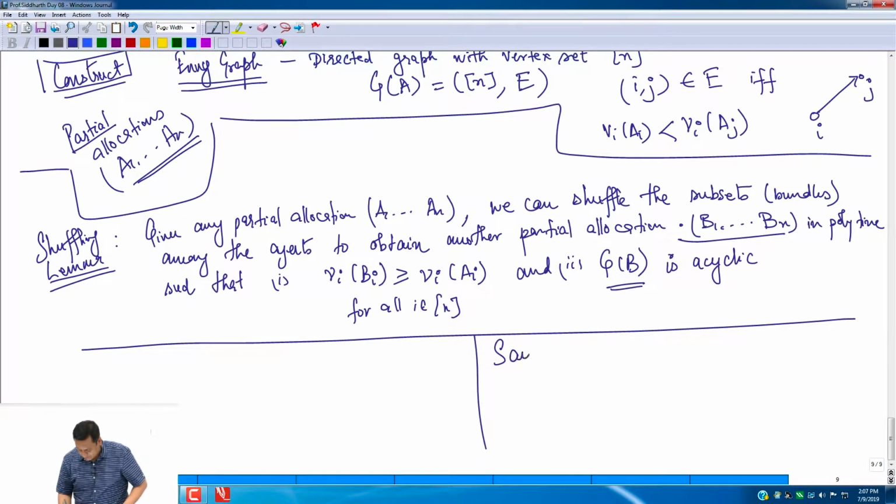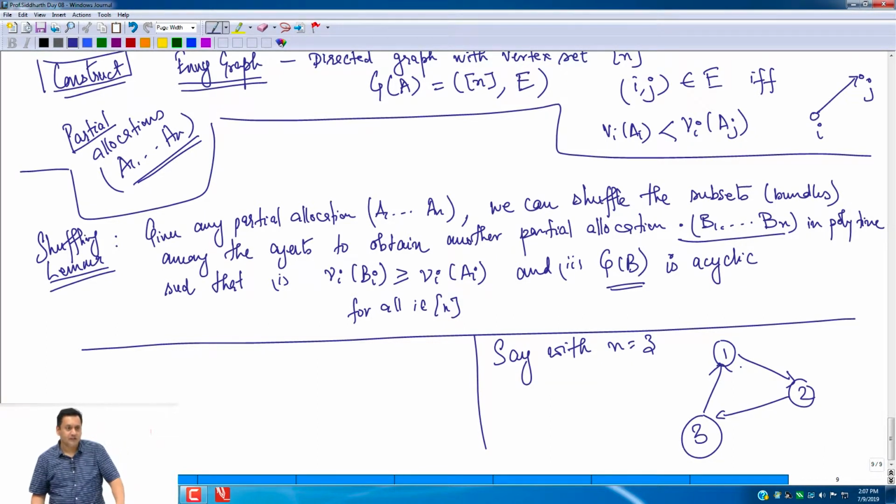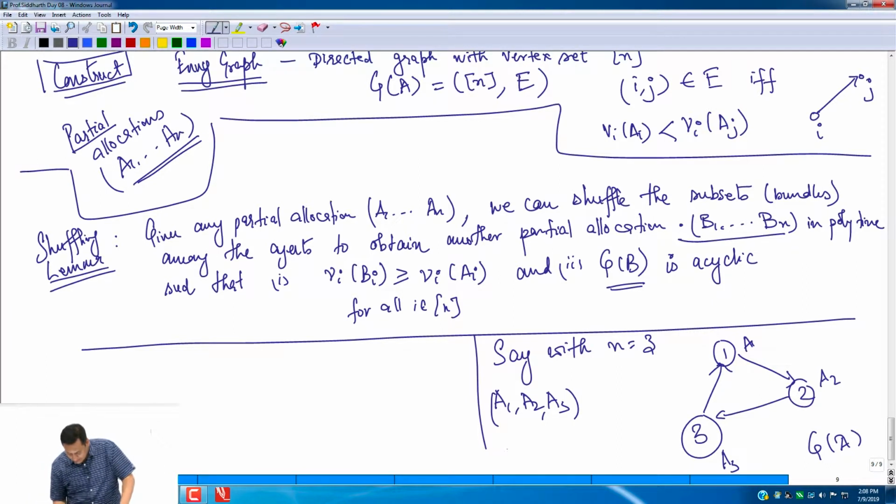Say with 3 agents, at some point what ended up happening was agent 1 was envying agent 2, agent 2 was envying agent 3, and agent 3 was envying agent 1. So I have some partial allocation where the 3 agents are getting A1, A2, A3 respectively. But this partial allocation gave me an NV graph that was a cycle. So in particular, it's not acyclic, there is a directed cycle.